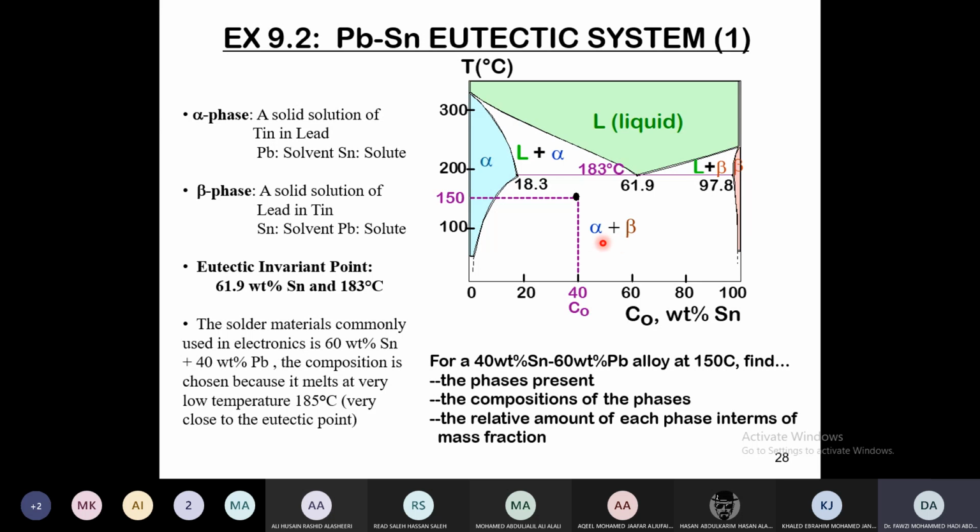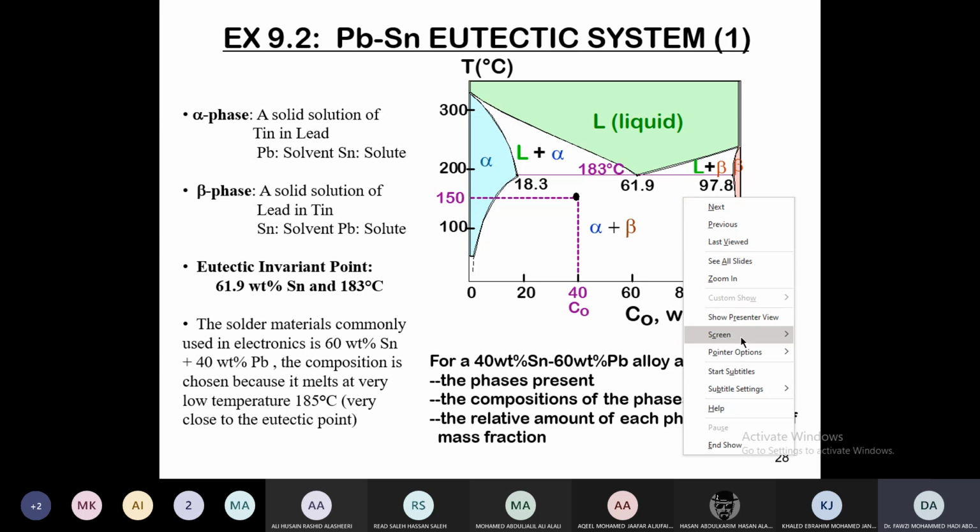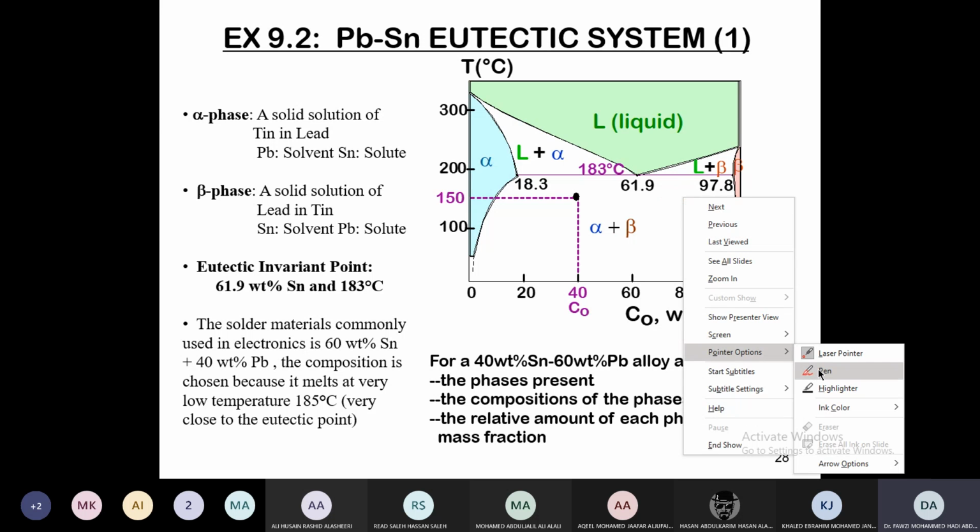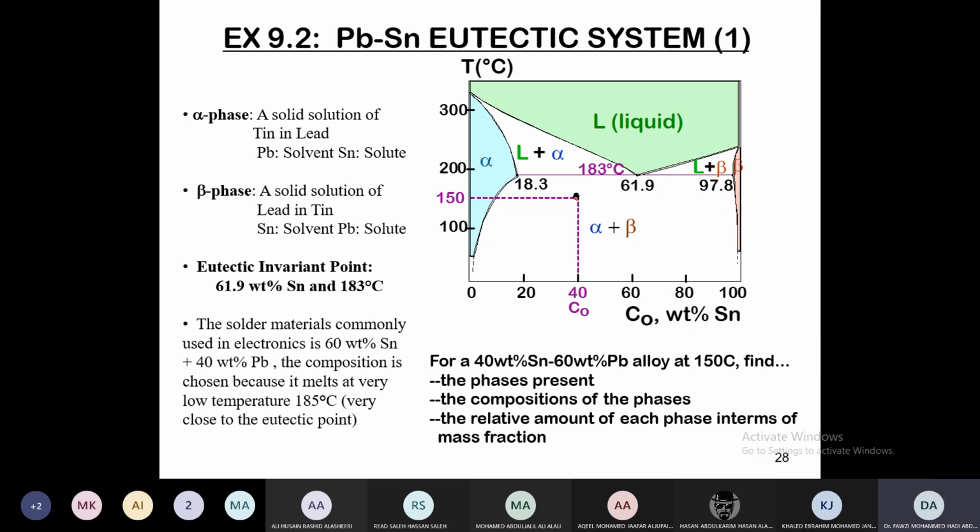What is the composition of each phase? What's the composition of alpha? What's the composition of beta? Well, what do we do in order to determine that? To determine that, we draw a tie line, a straight line like that, follow through like this. It intersects the solvus line here and there.